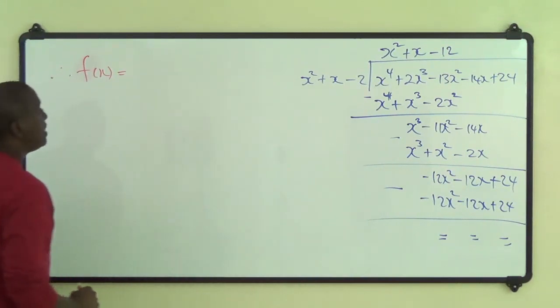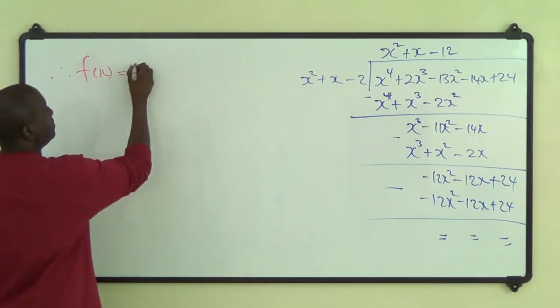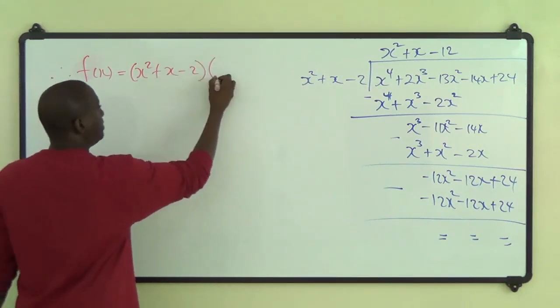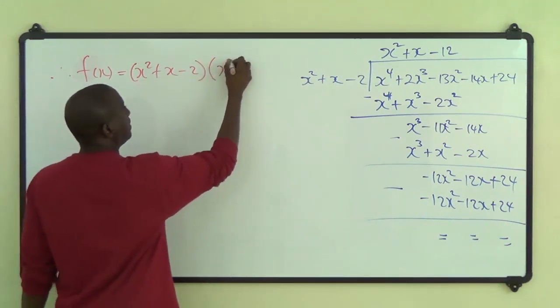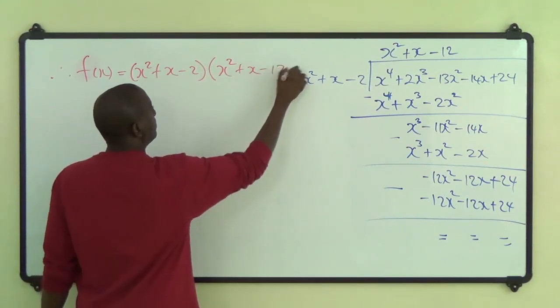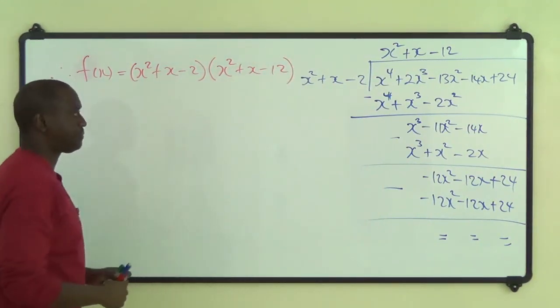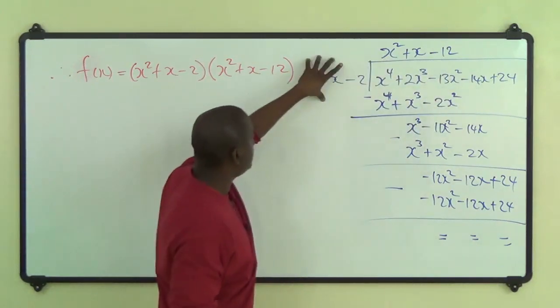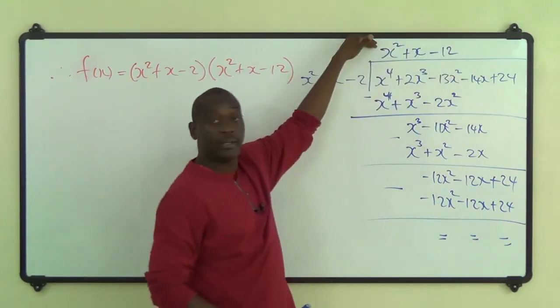All right? f of x is equal to, watch it now, x squared plus x minus 2 multiplied by x squared plus x minus 12. So in other words, you factorize this and you get this multiplied by that.